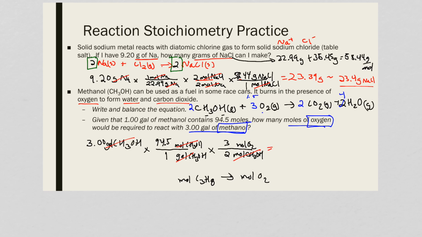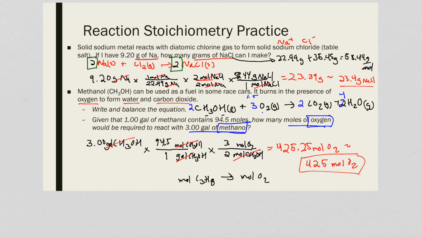So I'm going to do my math. 3 gallons times 94.5 over 1, and then times 3 divided by 2, and we should end up with 425.25 moles of O2, or with significant figures, 425 moles of O2.